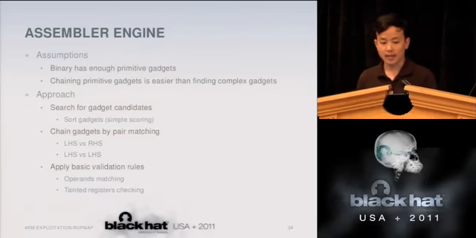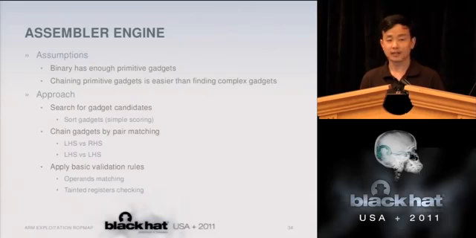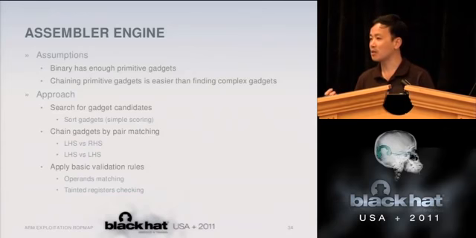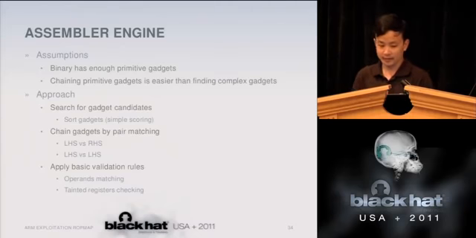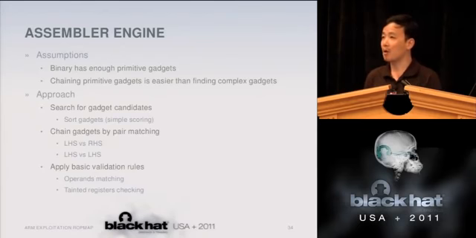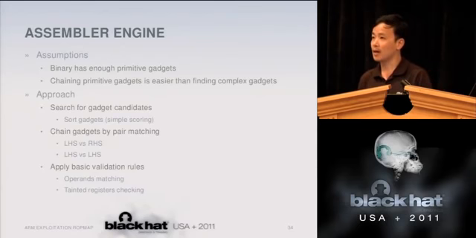Here we assume that the binary we target has enough primitive gadgets, like simple pop register, load register, and so on. So we just use those simple gadgets and don't look for complex gadgets, and chaining simple gadgets is easier than finding a complex gadget.